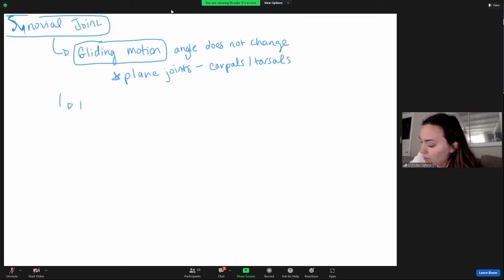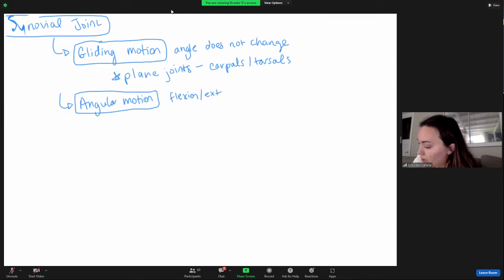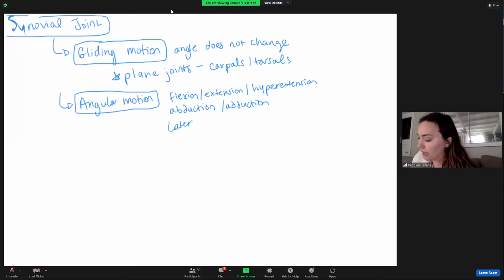The next type is your angular motion. Hopefully this is now ringing a bell for you. This is our flexion, extension. I'm not going to go over what these are again because you've just finished studying for that last exam and you should still have your notes on what each of these do. So check out your notes one more time if you need to freshen up. These will be on lecture exam number 2.